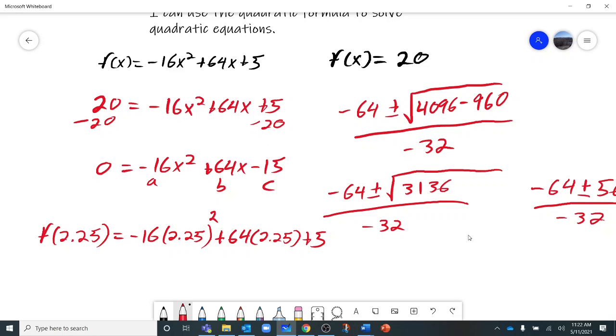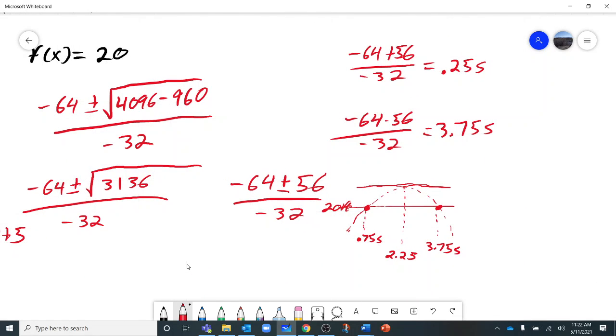Okay, so I'm plugging that into a calculator. 2.25 squared times negative 16 plus 64 times 2.25 plus 5. And so f of 2.25 gives me 68 feet. So in 2.25 seconds, it reaches the vertex, and the vertex is at 68 feet, which means I drew that 20-foot line in completely the wrong place.